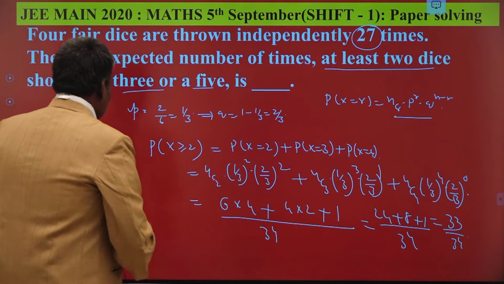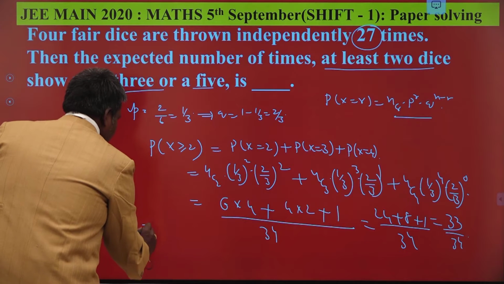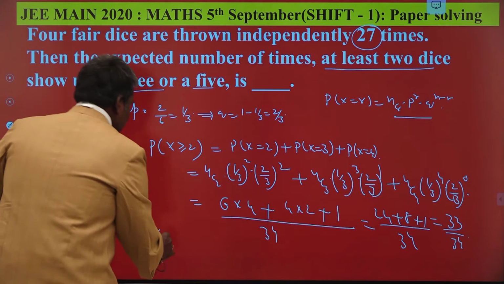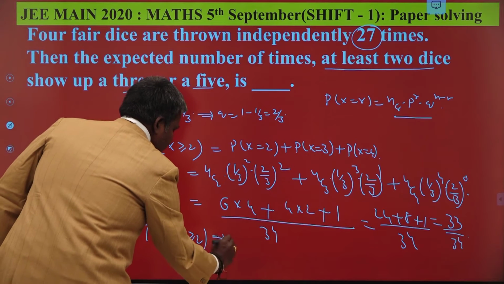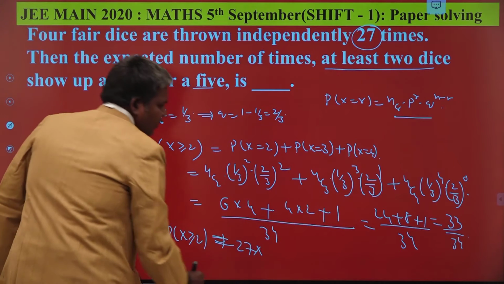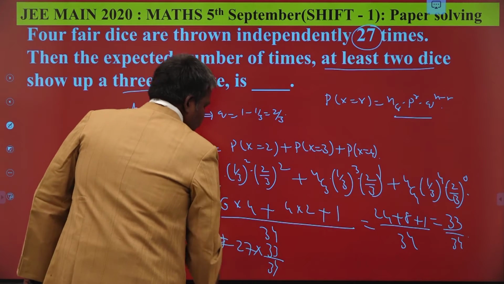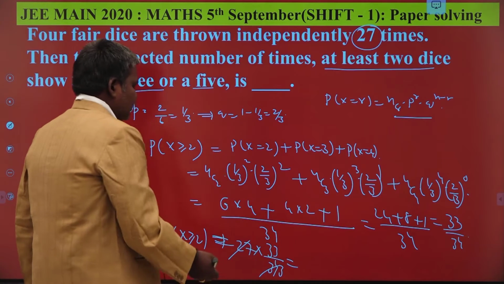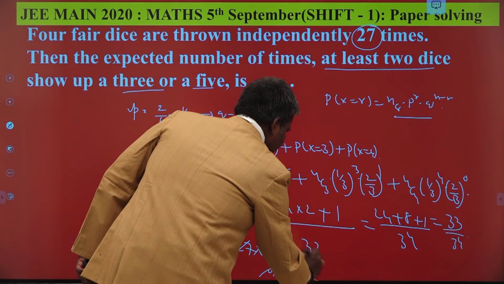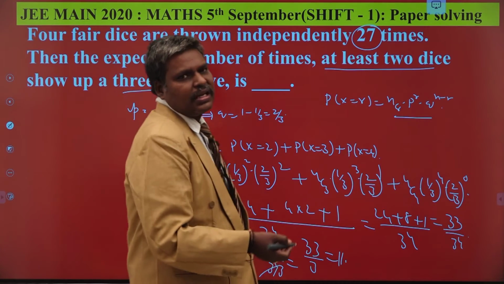Now the expected value is nothing but, this type of experiment is done 27 times. The expected number is 27 into P of x greater than or equal to 2. That is equivalent to 27 times 33 by 3 power 4. So we have 33 by 3, it is nothing but 11. So the expected value is 11.